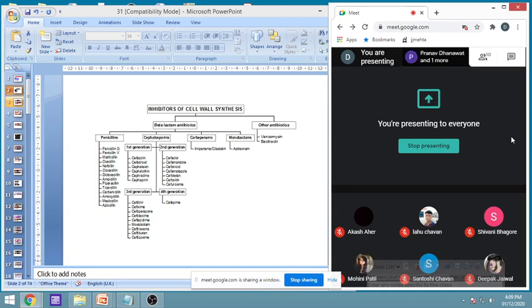Then the second major one is the cephalosporins. Third are the carbapenems, and then monobactams. These are one of the most important groups of antibiotics, and some of these are still widely used and very, very effective in control of various microorganisms.